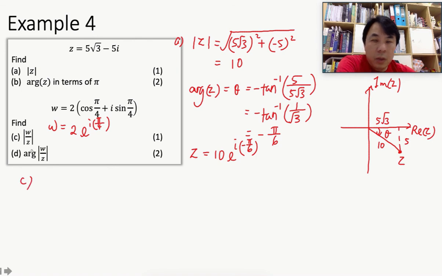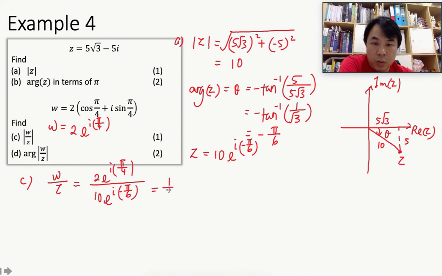For C, we are going to work out the divisions between these two complex numbers. Let's work out the division first. W divided by Z, so W is 2e^(i pi over 4) divided by Z, which is 10e^(i negative pi over 6) here. Okay, and then we know that this is 1 over 5 exponential, so we're going to add these two up. 3 to 5, 5 pi over 12.